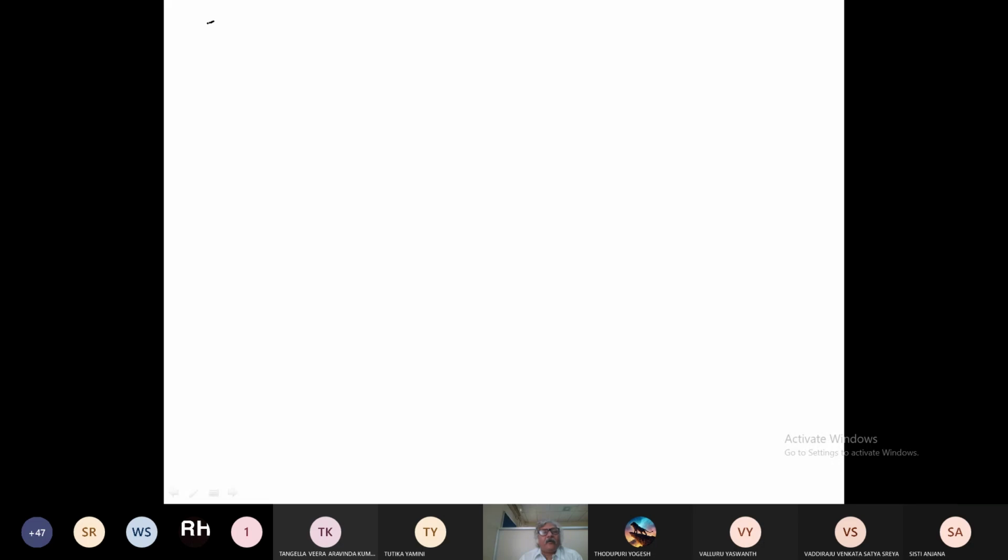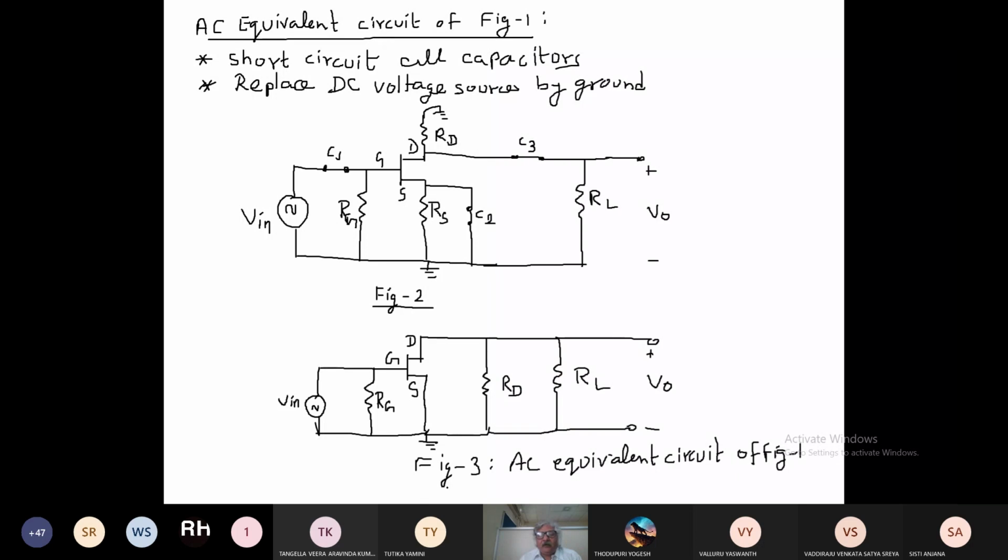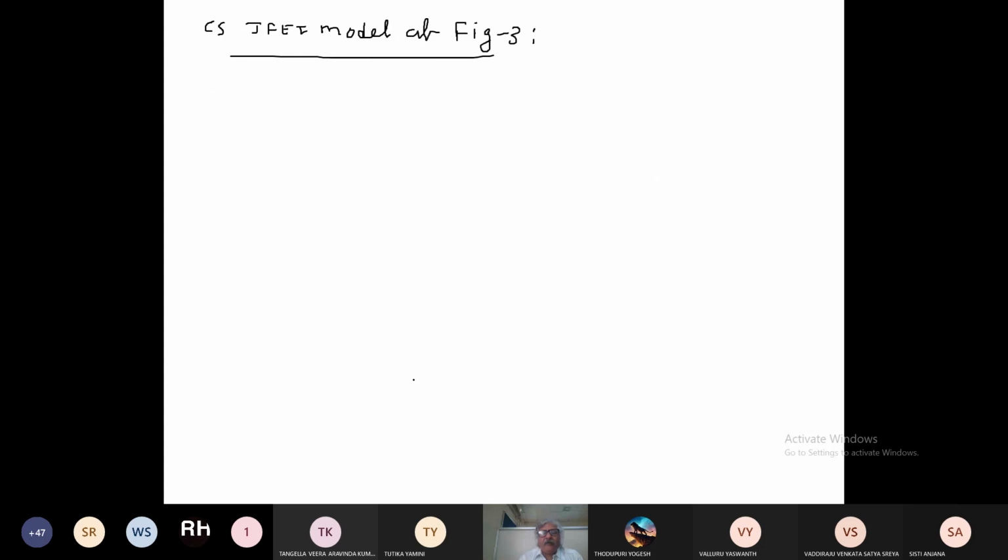So now the common source JFET model of figure number 3. This figure, the AC equivalent circuit we have drawn, its model we will draw. So we have the model of this type.